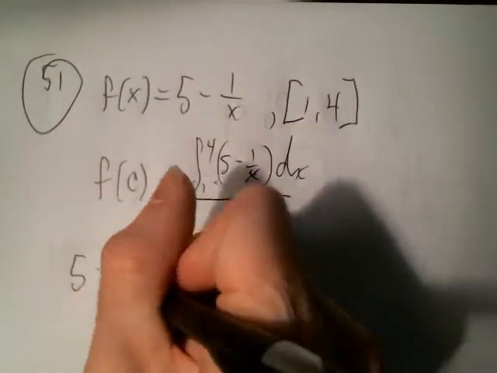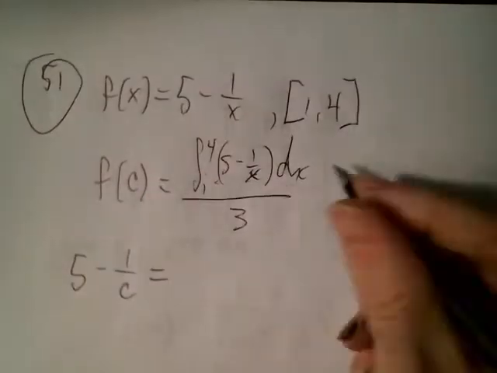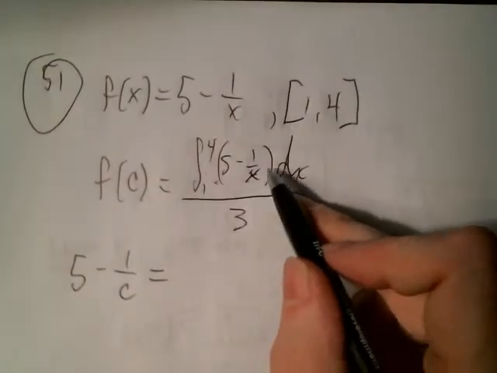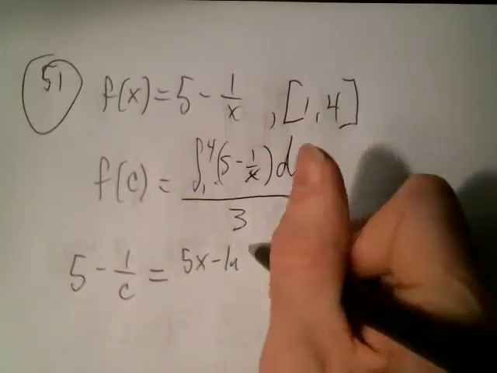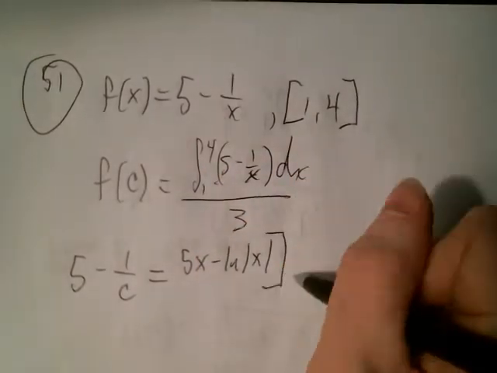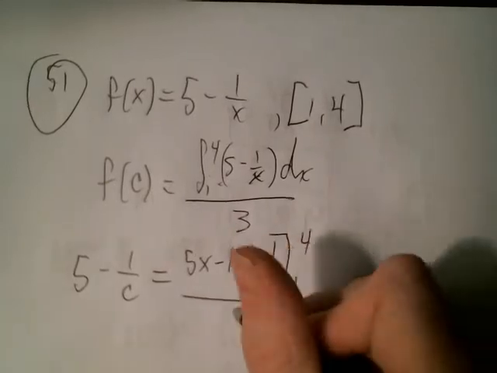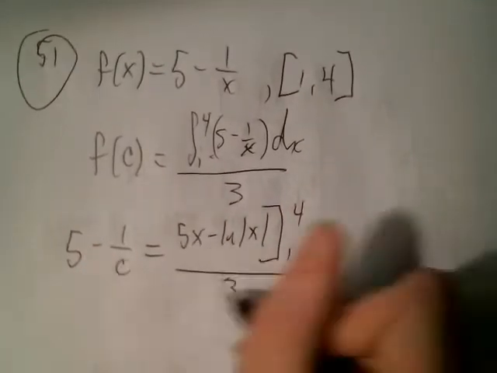So I say 5 minus 1 over c is equal to, all right, I need to evaluate this integral. So I have 5x minus the ln of the absolute value of x from 1 to 4 all over 3.